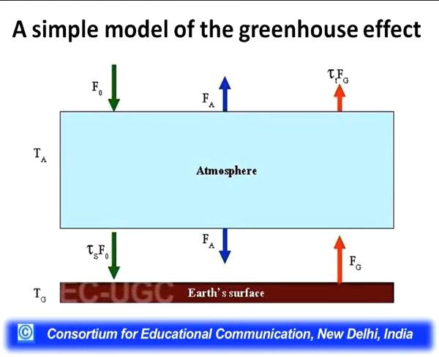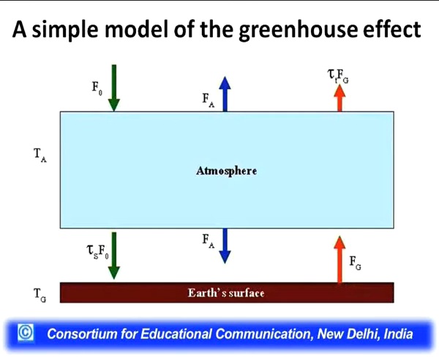Here we have illustrated a diagram of the earth and atmosphere system. The atmosphere is represented in light blue color, while the earth's surface is represented in brown. At the top of the atmosphere, the solar flux is represented by F0. There is a coefficient because of the attenuation by the atmosphere; solar radiation is to some extent attenuated and the remaining comes towards the earth.